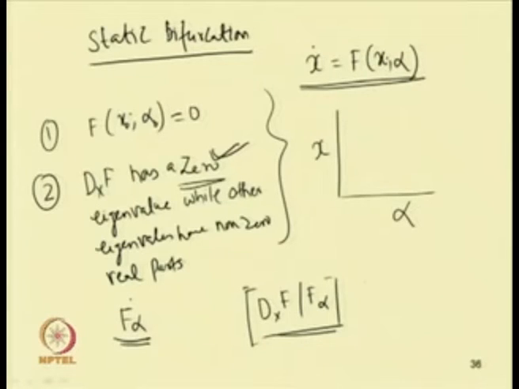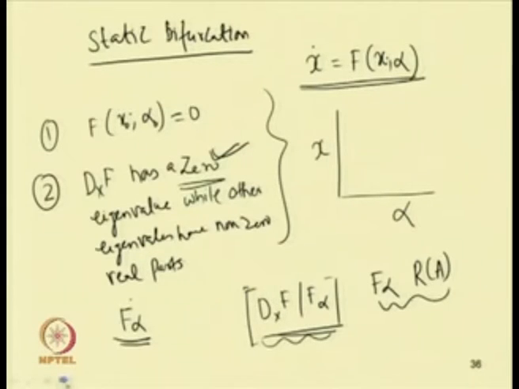If this f alpha belongs to the range of A, then we can tell that this is another type of bifurcation. If f alpha does not belong to the range of A, then it will be a saddle node bifurcation point.